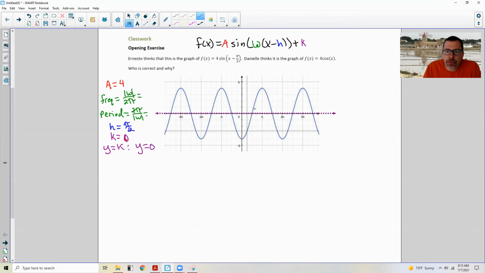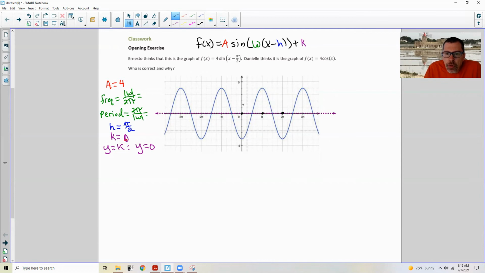That means, if this is the sine function, we're going to take the sine function. What does the sine function look like? Let's graph that first. So the sine function starts at 0 and ends at 2 pi. We'll just do one period. At pi, it's at the middle, so it's back to 0.